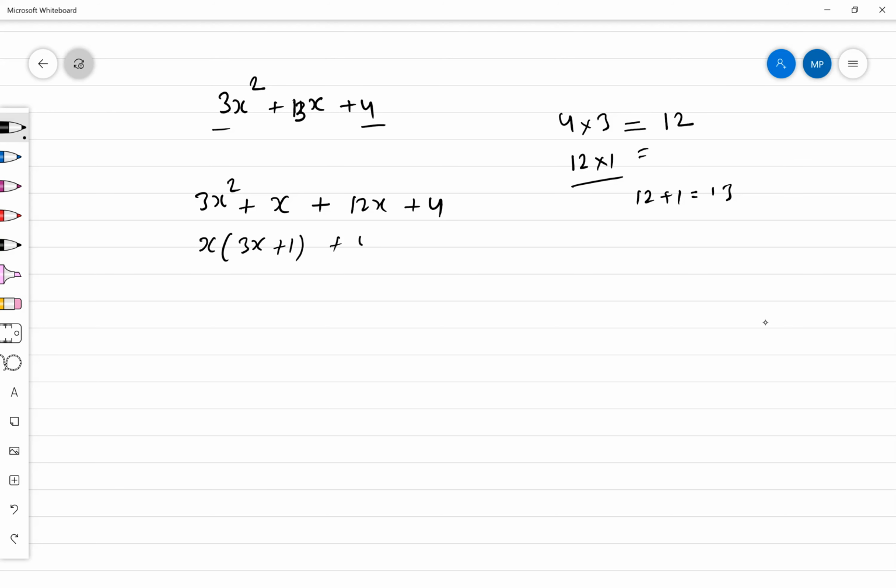From here I can take 4 common, 3x plus 1. So 3x plus 1 into x plus 4 is the answer. Done. Harshil, probably you typed it wrong, but it's okay.